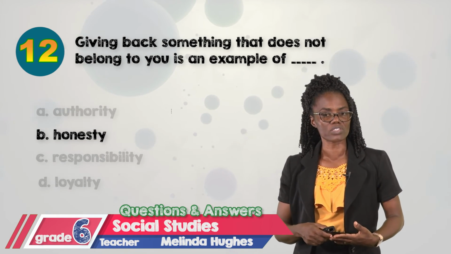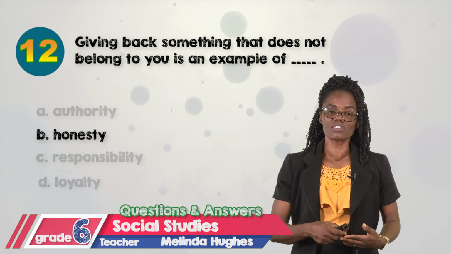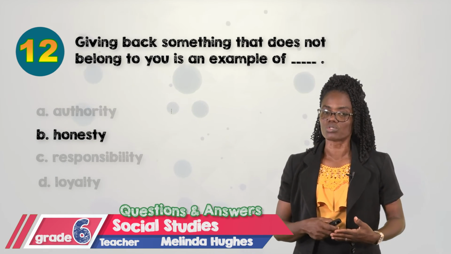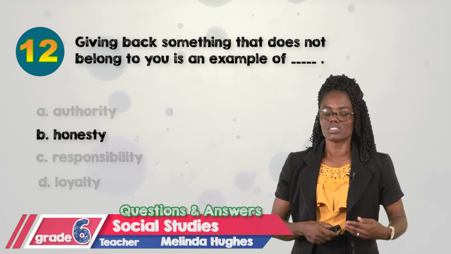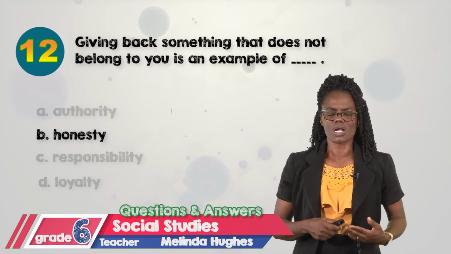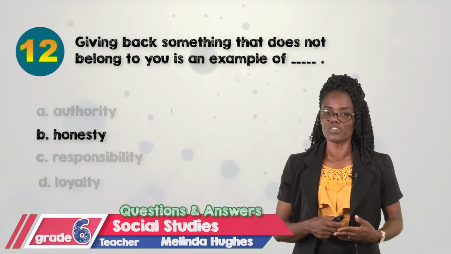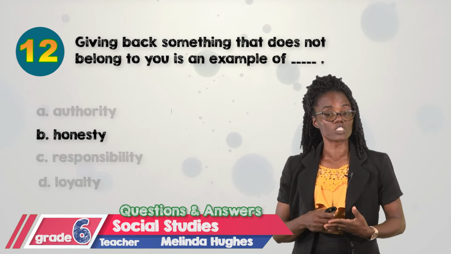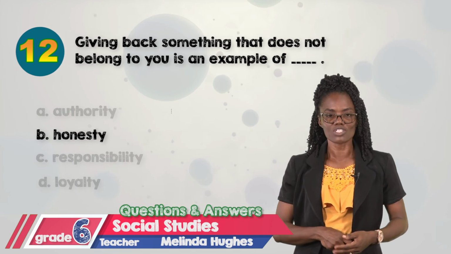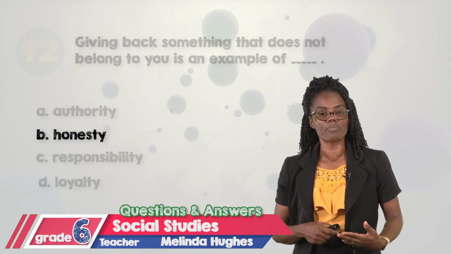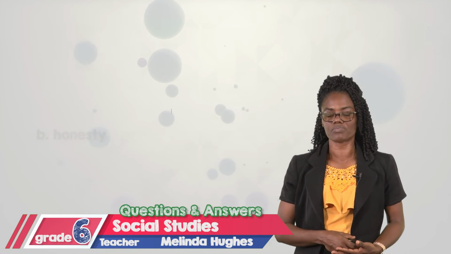Desirable behaviors are habits and practices that we adopt or practice as we go through life. Of course, desirable behaviors are those attitudes and habits that allow an individual to become well respected in society. So giving back something that does not belong to you is an example of honesty.